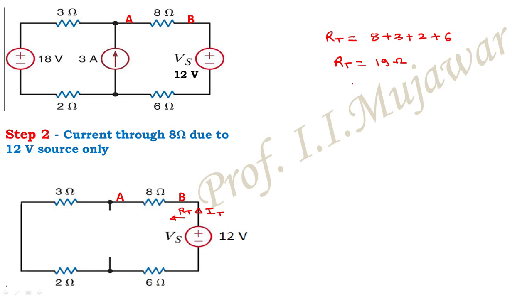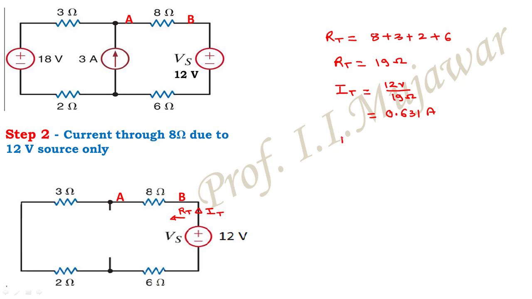Okay. Now the current delivered by the battery IT by using Ohm's law is 12 volt divided by 19 ohm. So this value comes out to be 0.631 ampere. And this is the current that is flowing through 8 ohm.